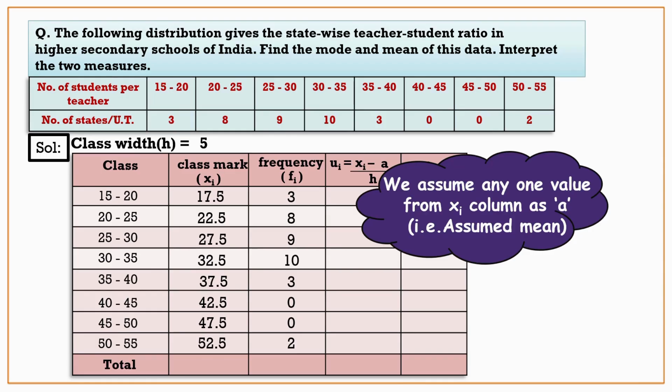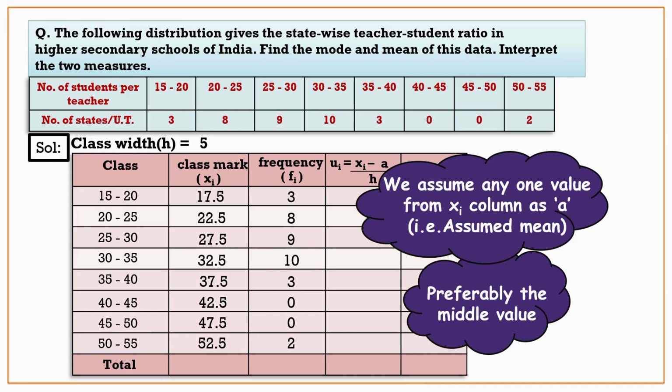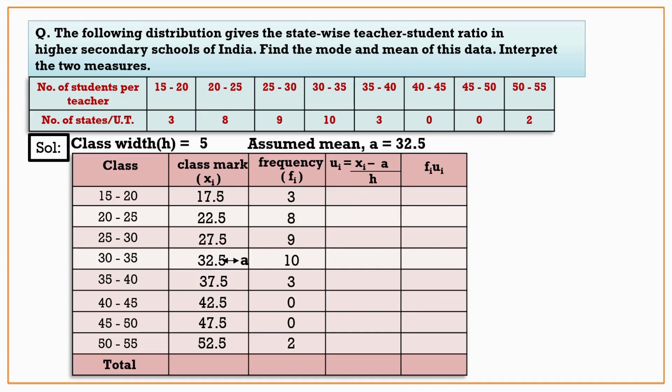Now we assume any one value from the xi column as a, that is the assumed mean. Preferably we will consider the middle value here. So let's take 32.5 as assumed mean. Now replace that in the ui formula.